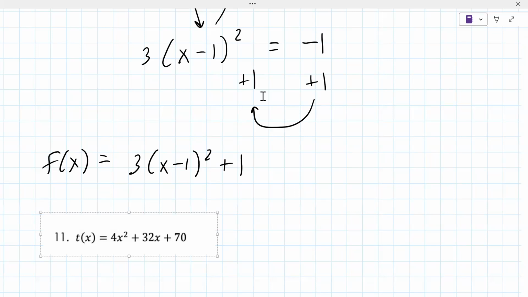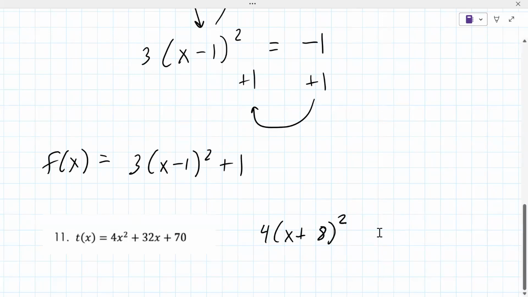All right, I got g of x equals 4 parentheses x plus 8x. Right, notice that there's just one x inside the parentheses, so it'd be x plus 8 squared like that. So you factor out the 4.